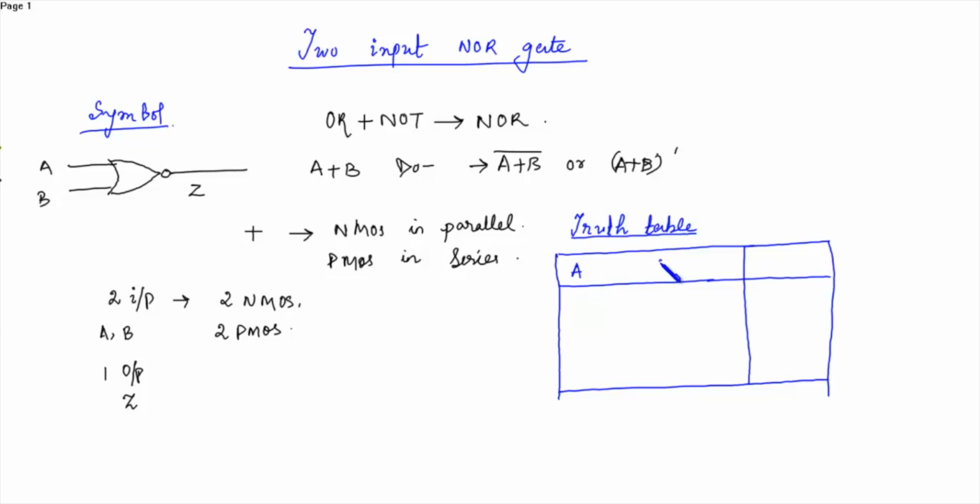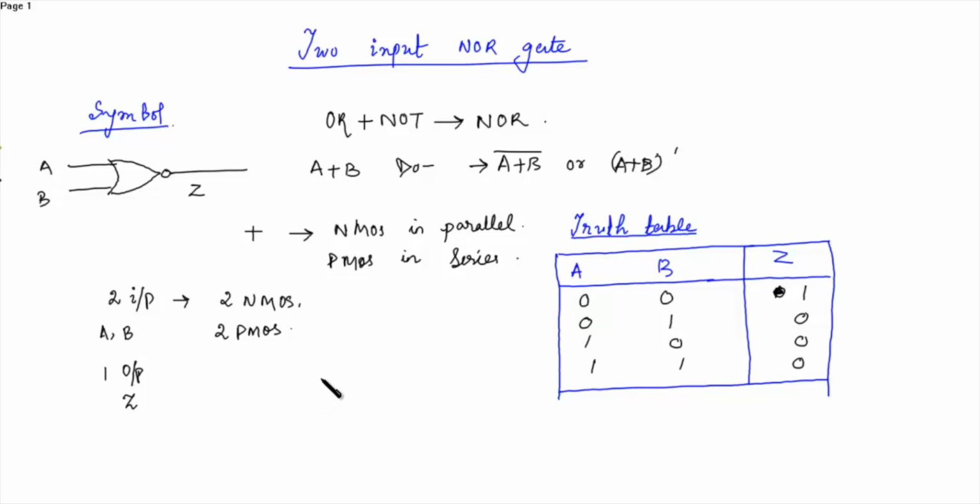This is input A, this is input B, and the output is Z. So when the input is 0, 0, the output is 1. When this is 0, this is 1, the output is 0. 1, 0, the output is 0, and in 1, 1, the output is 0. This is the truth table of a two input NOR gate.